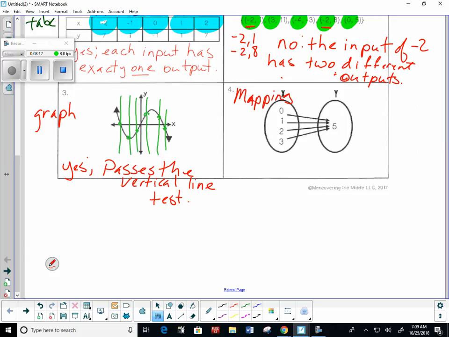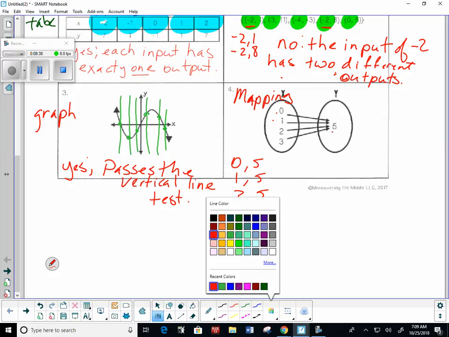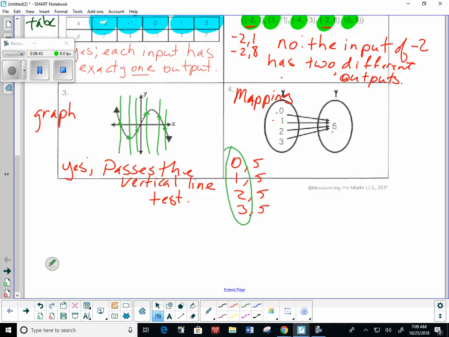So I'm going to take our 0 right here, and its corresponding y value is 5. Okay, I'm going to put 1, and its corresponding y value is 5. 2, and its corresponding y value is 5. 3, and its corresponding y value is 5. So we can see then that for every input that we have, we have a different output.